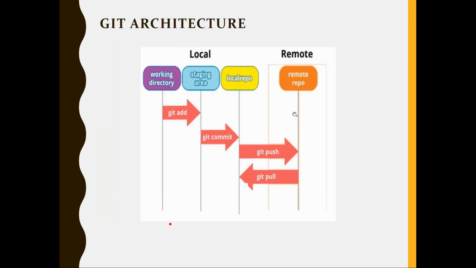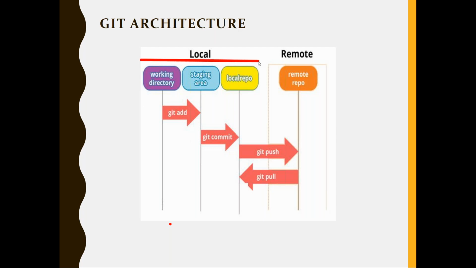So yes, this is the architecture of Git in particular. It follows the same architecture of distributed version control system, but let's look into that in more detail. Like we discussed, it will have two repositories, right? Remote repository and local.